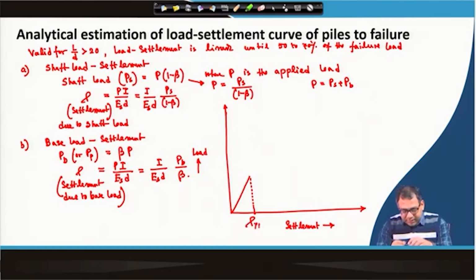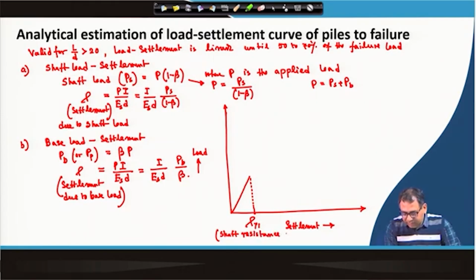That means, when the shaft resistance is fully mobilized, at that point the settlement is rho y 1. So, at this point the shaft resistance is fully mobilized.